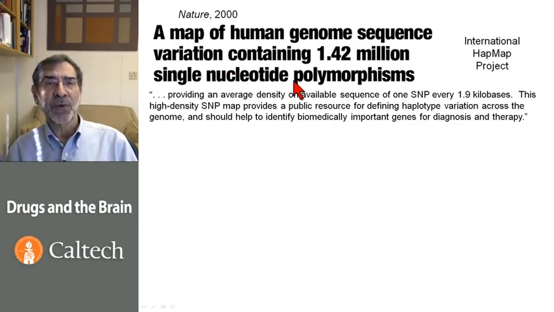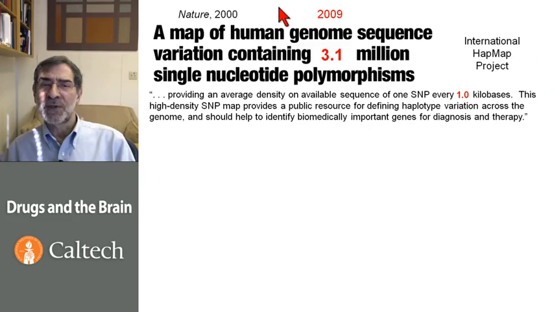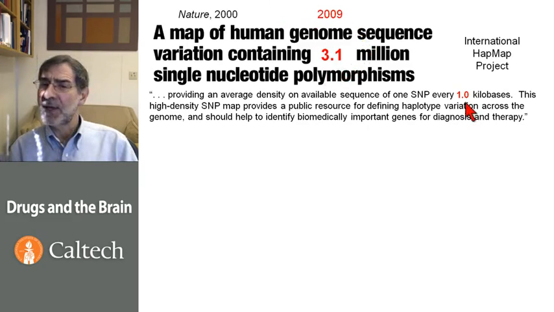These are places where one person's sequence may differ from another's, usually with no functional consequences at all. In the intervening years, the map has increased in density. It now has a mapped SNP every 1,000 bases, every 1 kilobase or so. So let's see how this resource helps to identify biomedically important genes for diagnosis and therapy.